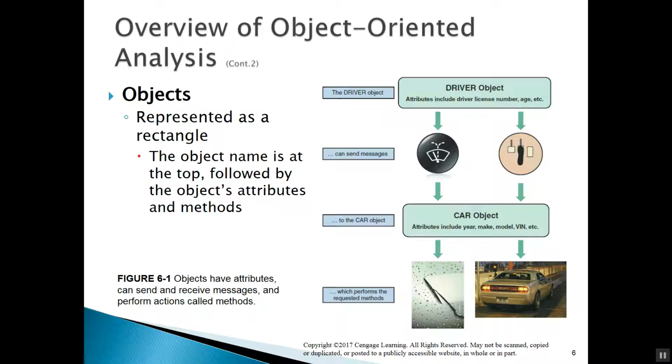The driver could send a message to the car to hit the brakes. The car has attributes: year, make, model, VIN, etc. And the driver has attributes: name, license number, age, etc. Okay, so that's an object-oriented approach to breaking a system down.